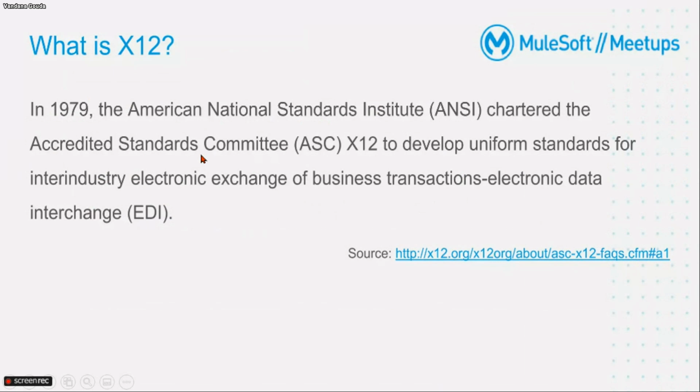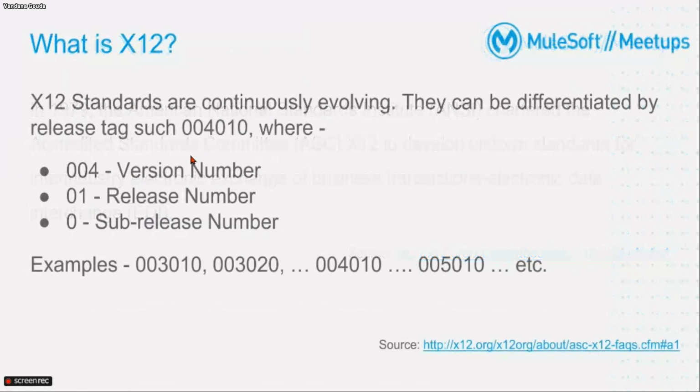In X12 standards, there are different tags. For example, take 004010. Here 004 is the version number, 01 is the release number, and the last 0 is the sub-release number.